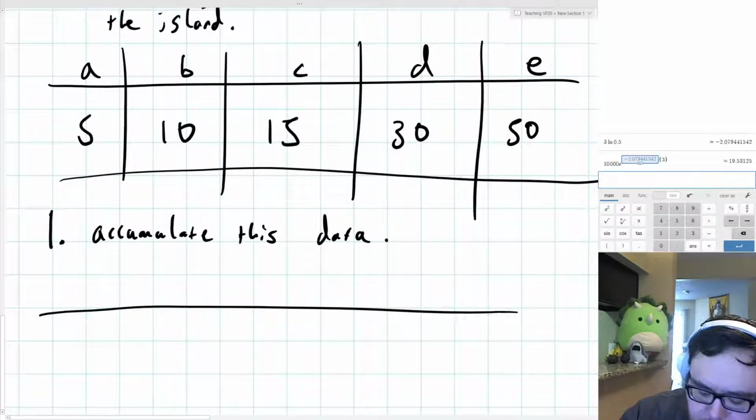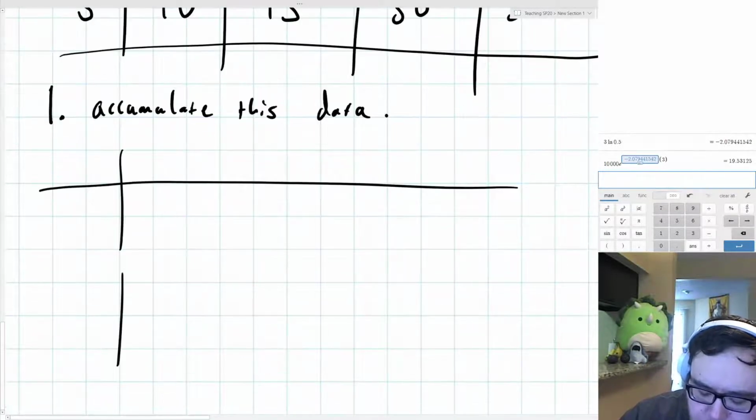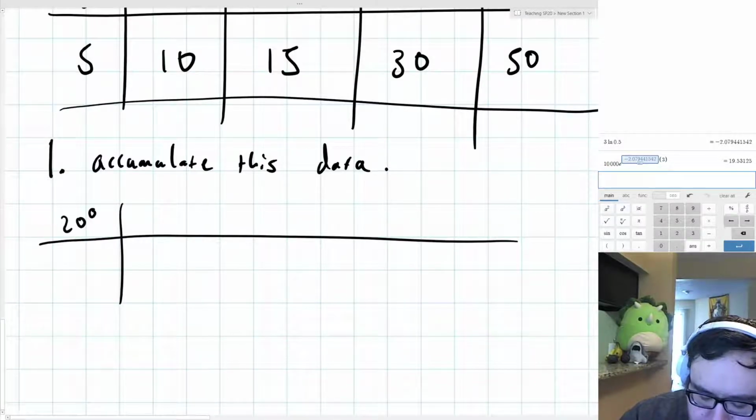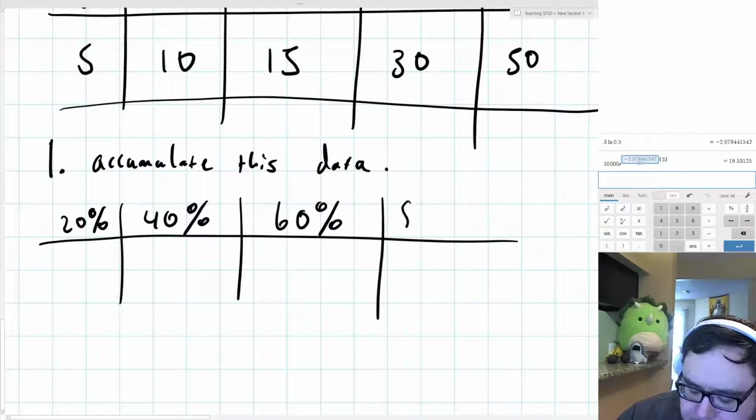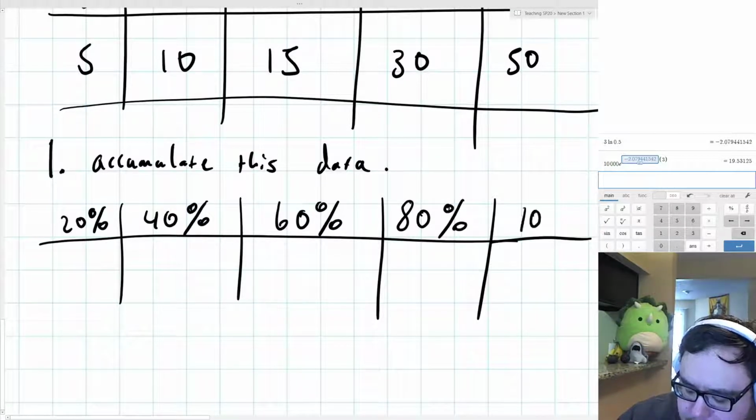In other words, I want to know how much wealth is controlled by the bottom 20%, the bottom 40%, the bottom 60%, the bottom 80%, and the entire population.